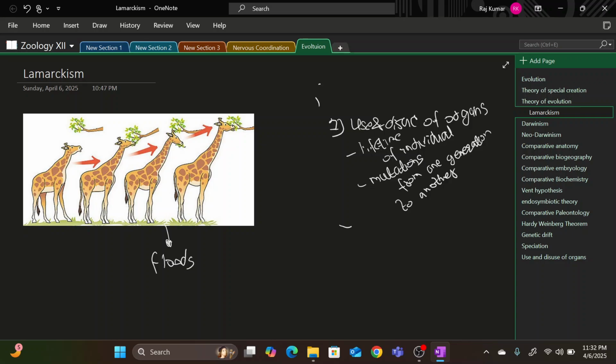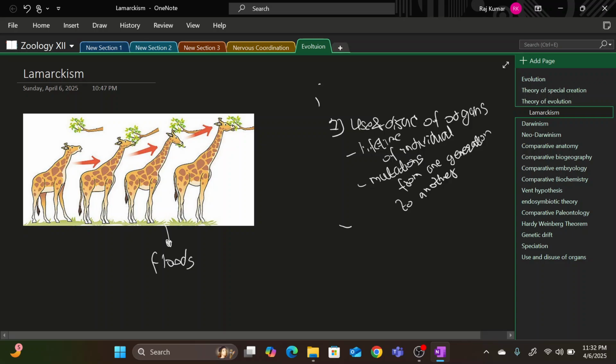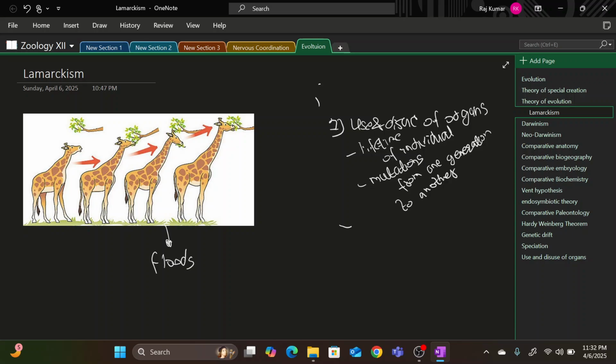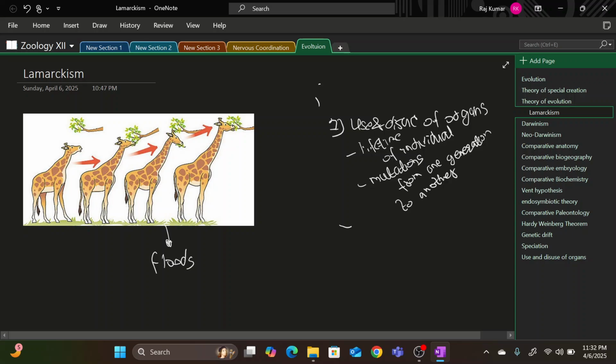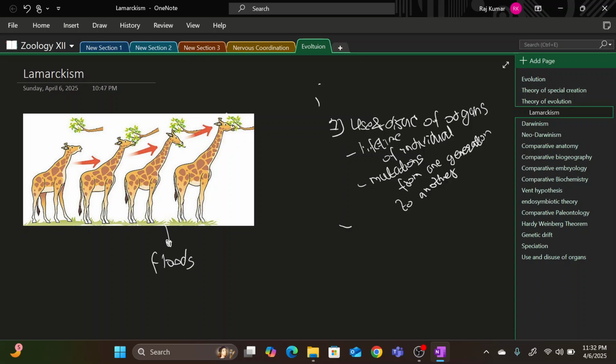They started eating the foliage by stretching their necks up. As a result of stretching their necks up, the giraffe had a genetic variation in the somatic cells of their neck and head, due to which generation after generation their neck increased in height, and thus they gained a long neck. So this is the idea that was proposed by Lamarck.